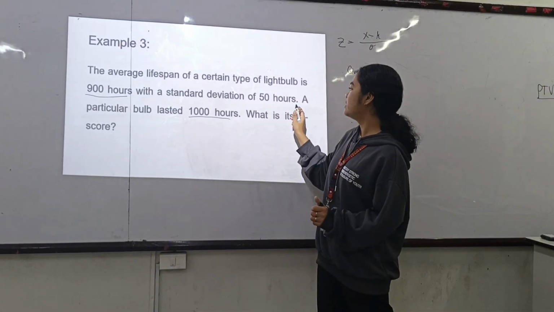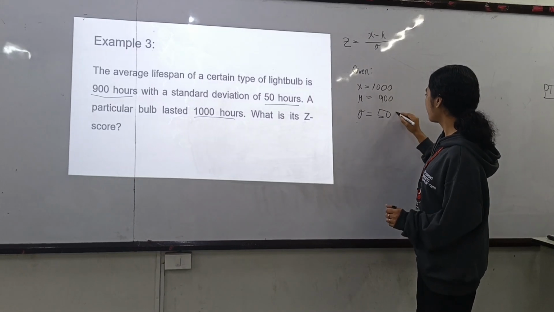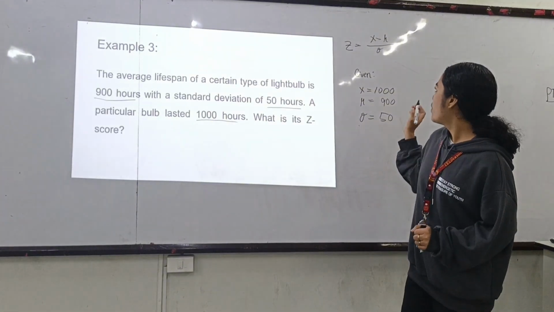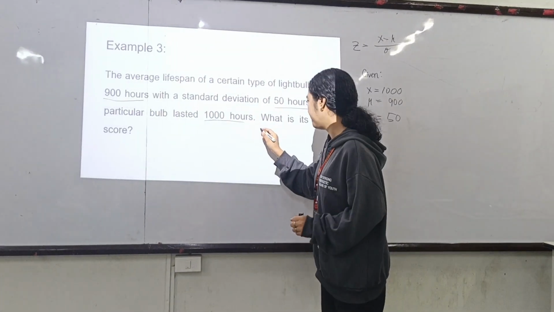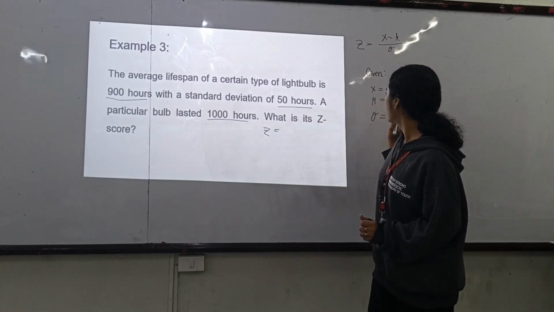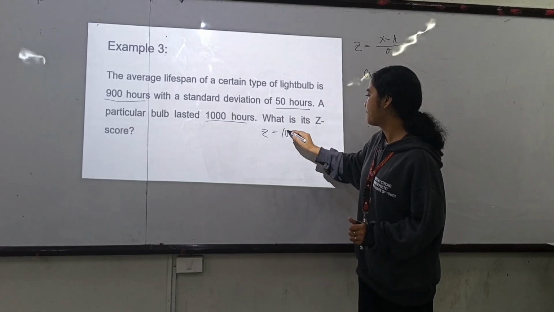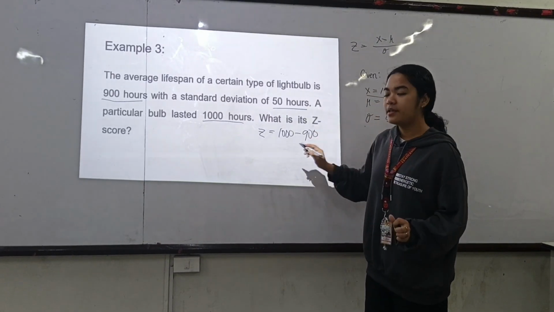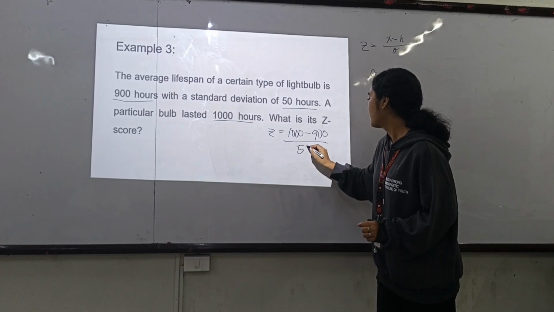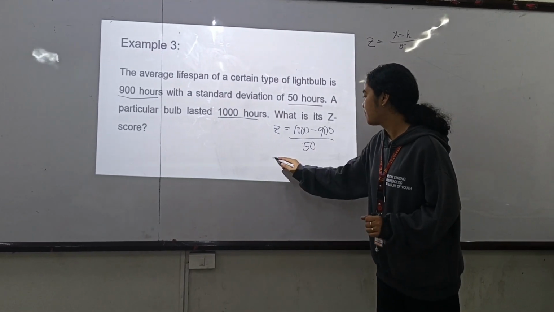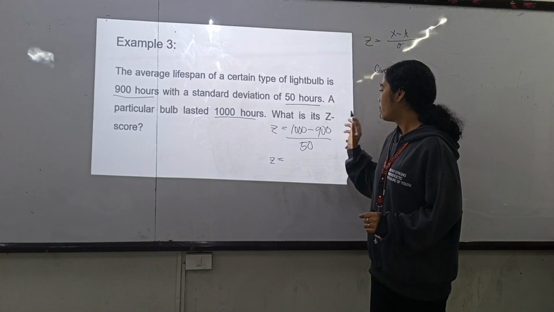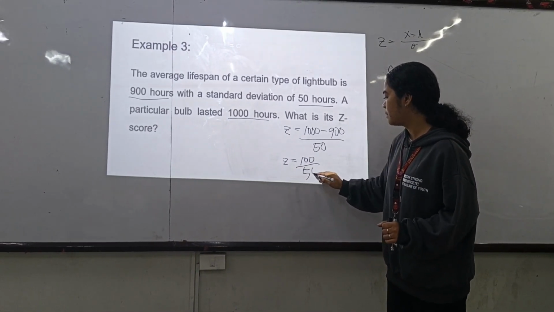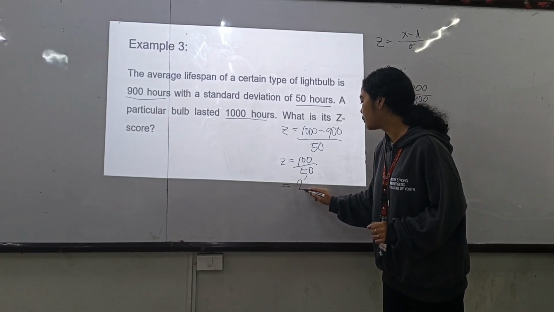Our standard deviation is 50 hours. So next, we need to substitute the given to the formula, which is z is equal to 1000 minus the mean, which is 900, divided by 50. Next, we subtract 1000 minus 900, which is 100, divided by 50, which is equal to 2.